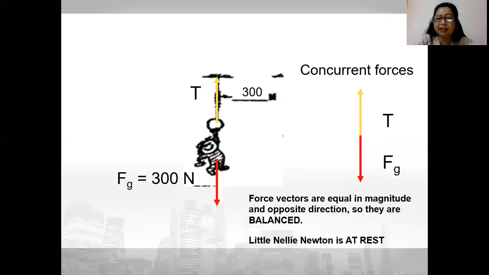So we can say that little Nelly Newton is at rest. So if the forces are equal in magnitude, opposite in direction, they are balanced, and they are concurrent forces, we can say that the object is in static equilibrium. So static equilibrium is a condition wherein concurrent forces acting on the object are equal in magnitude, opposite in direction, so they are balanced, and the object is at rest.